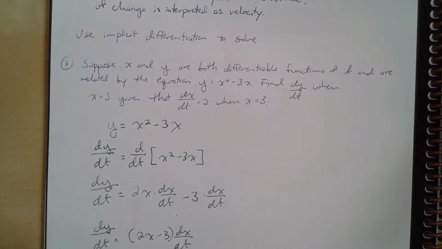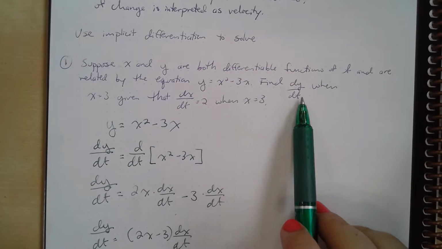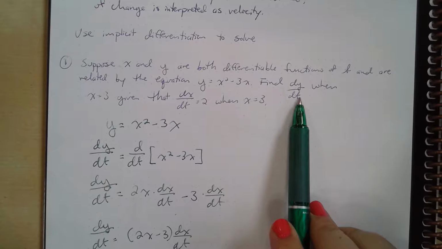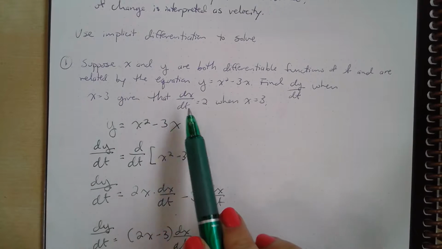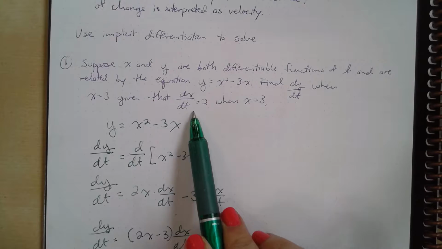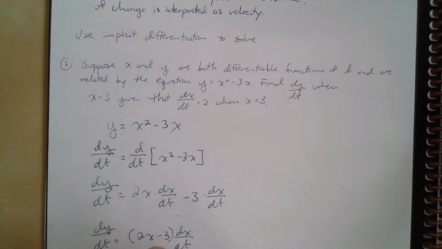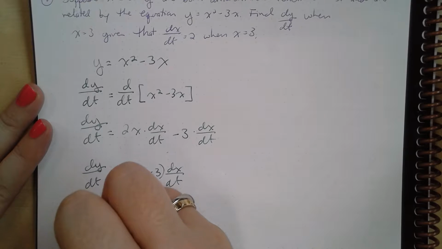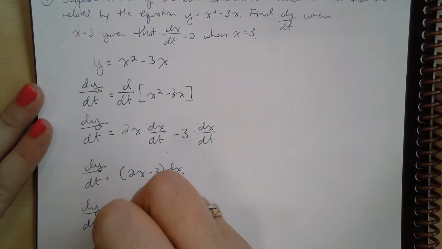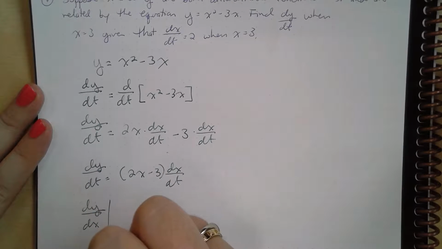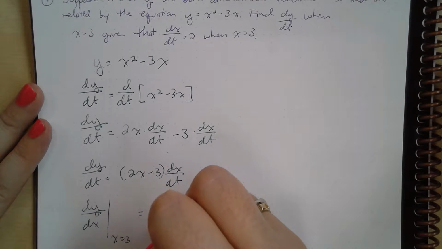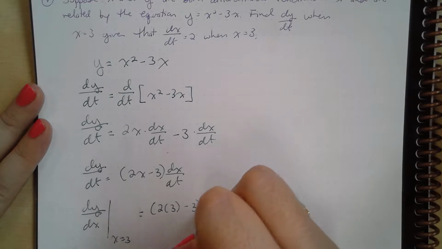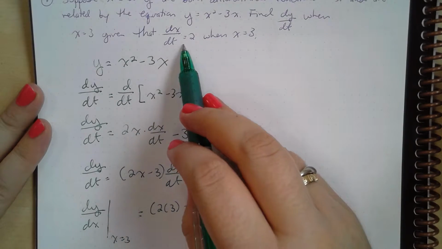Now we found our function, dy over dt, but we're supposed to find that when x equals 3, given that dx dt equals 2 when x equals 3. So dy over dt when x equals 3 is going to be equal to 2 times 3 minus 3 times dx dt, which we were given as 2.